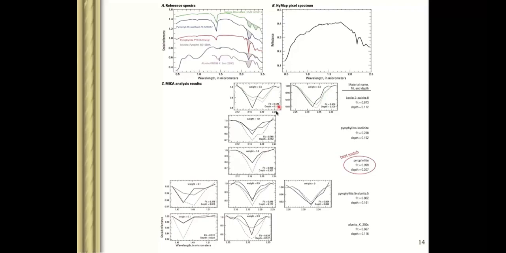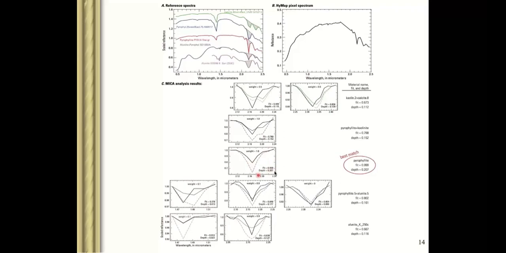When you try with kaolinite and calcite, here you are getting a better match, around 0.85. Again, you are trying to match this one with this one. In this case, you are getting a match of 0.99.